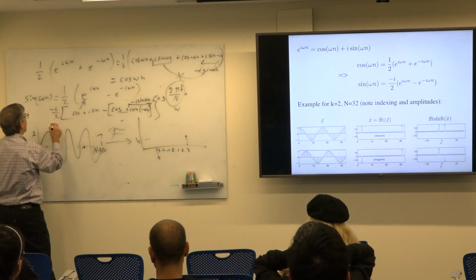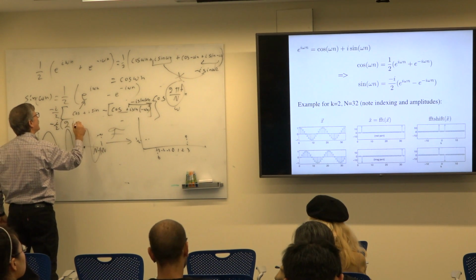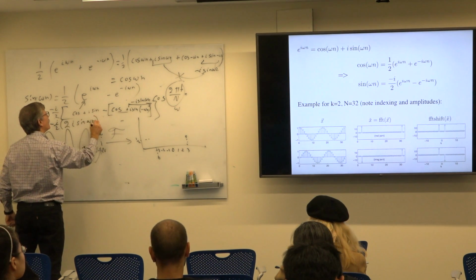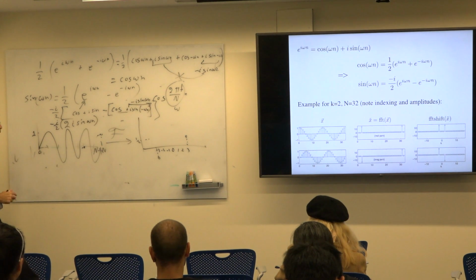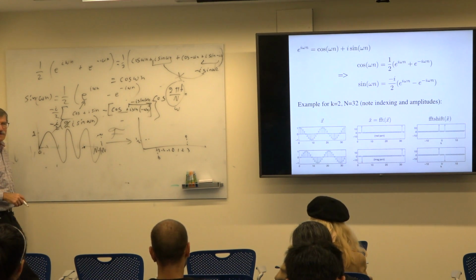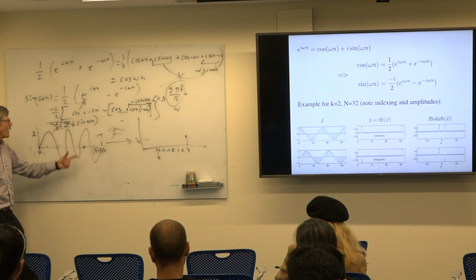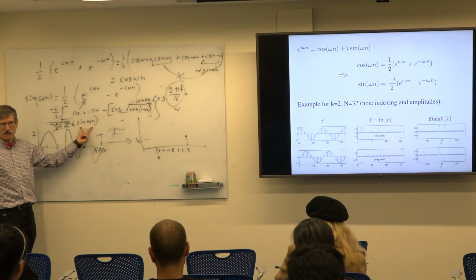So we're going to get minus I over 2 times 2 I sine omega n. That's what we got. The 2's cancel. I times I is negative 1, and there's a minus. So minus I squared is 1. We get sine omega n, which is what I asserted.